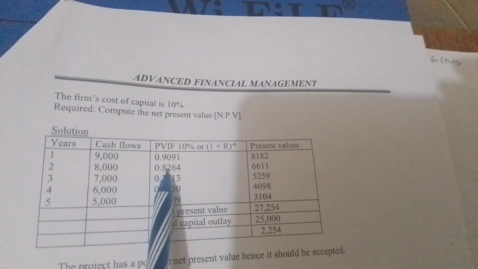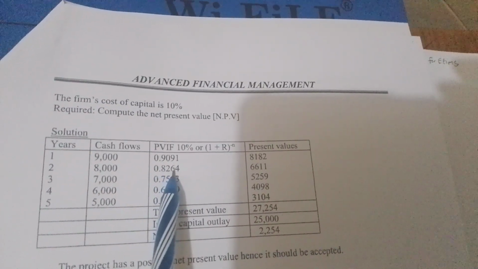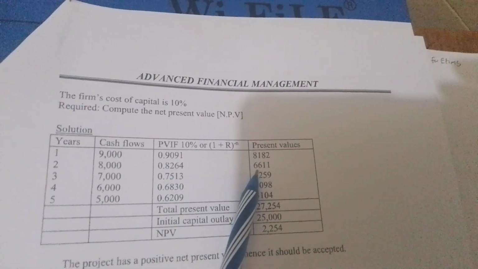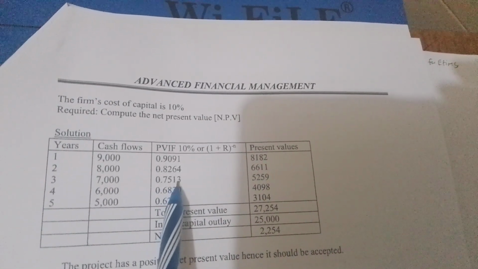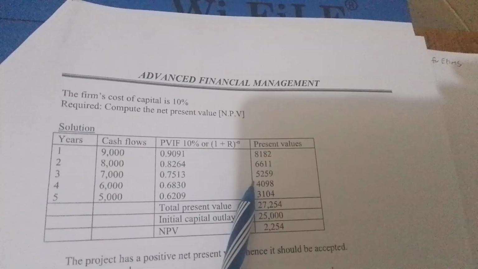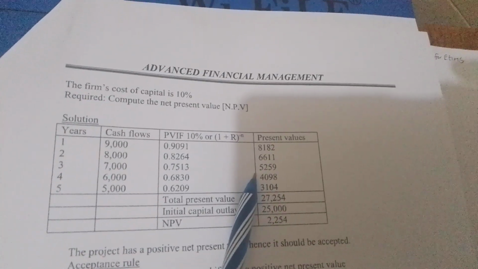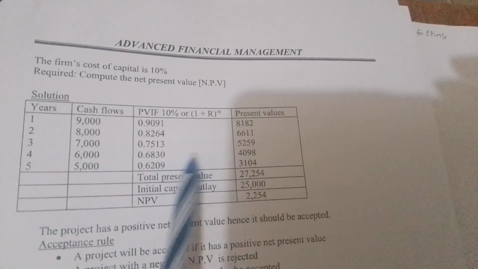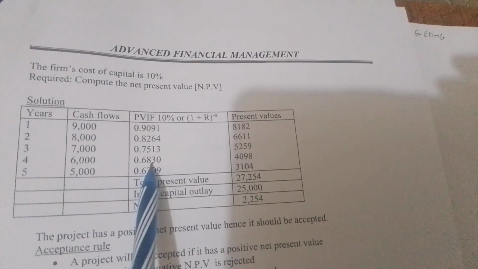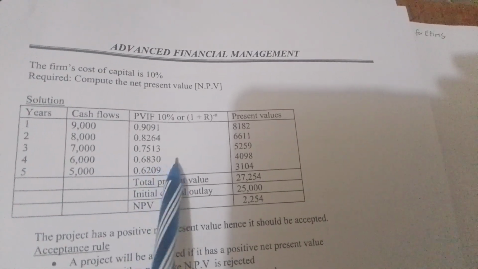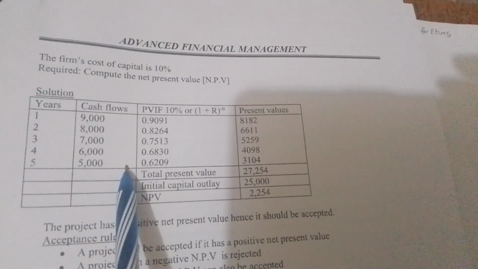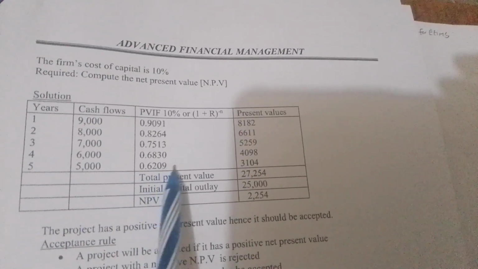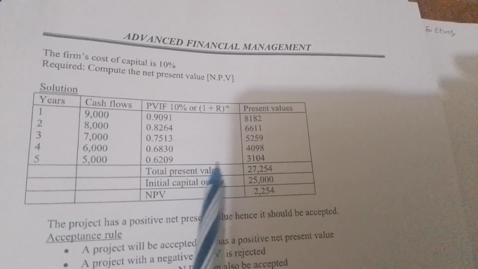Then 8,000 times 0.8264, you get 6611. 7,000 times 0.7513, you get 5259. And then 6,000 times 0.6830, you get 4098. 5,000 times 0.6209, 3104.